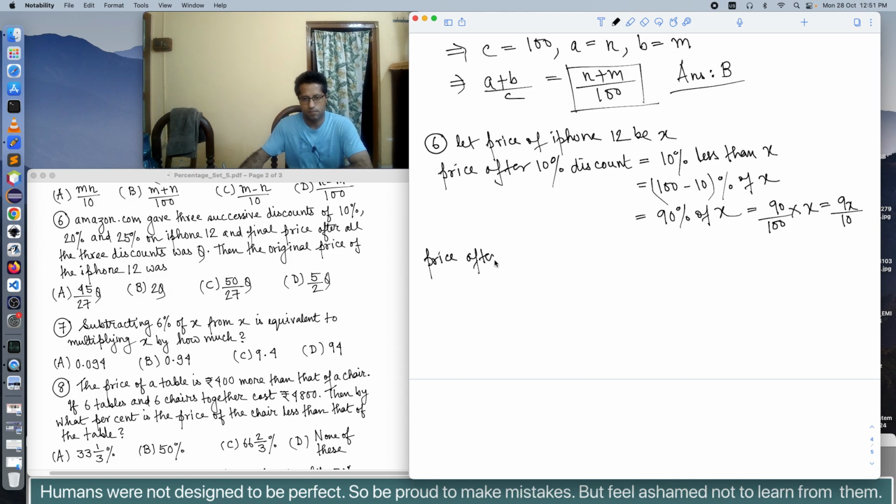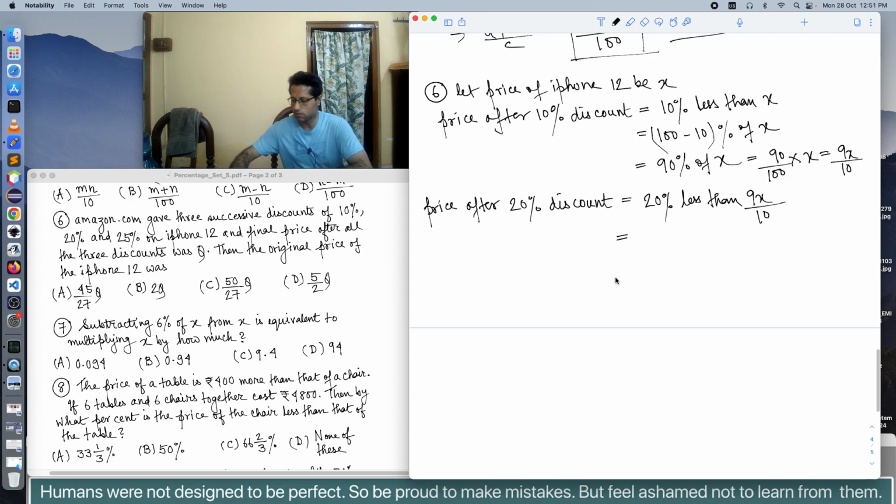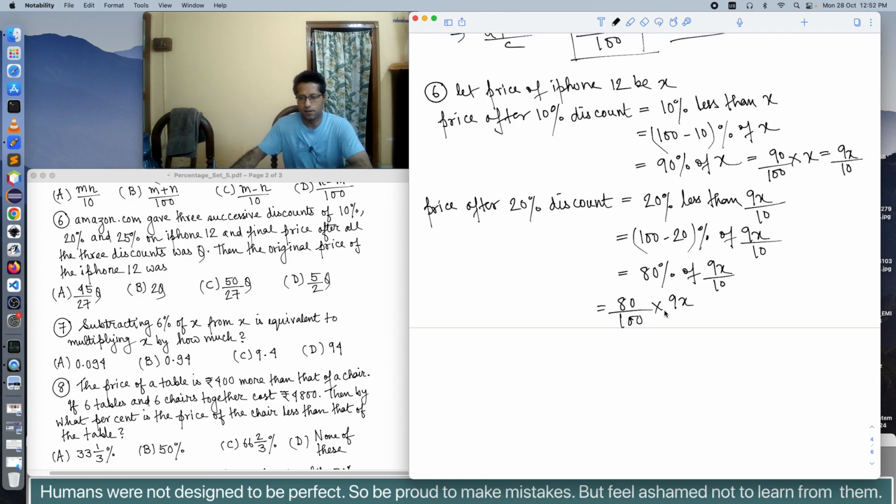So the price after 20% discount is equal to 20% less than 9X by 10, which is 100 minus 20% of 9X by 10, which is equal to 80% of 9X by 10, which is 80 by 100 multiplied by 9X by 10.